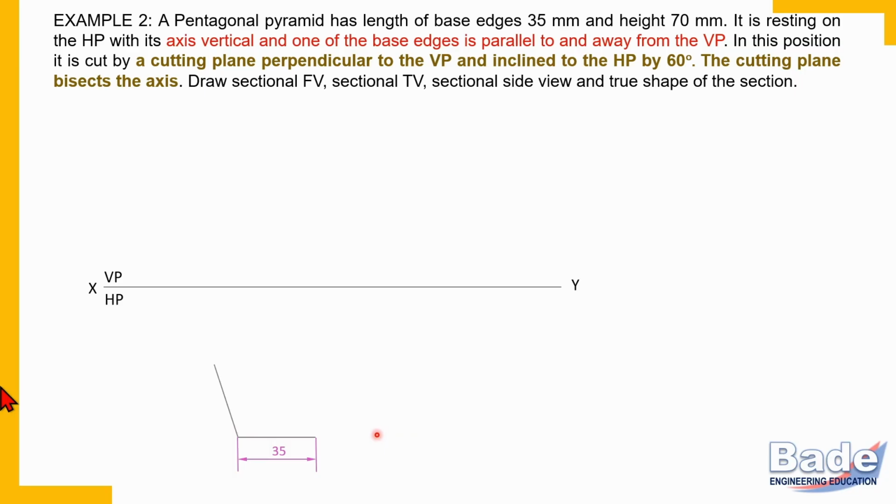So measure 108 degrees very carefully and complete the pentagon. This is the true shape of the base. Check, one of the base edges is parallel to VP and away from VP. Now label all corners of the base. Now locate the center of the base. Join any two corners with the corresponding edge's midpoint.